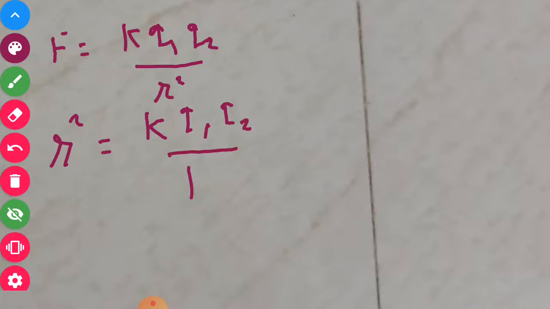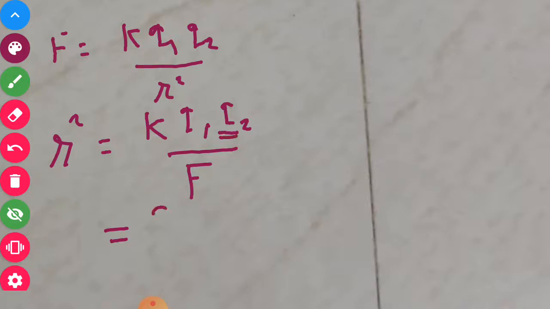Now we want to calculate R, so make R square the subject of the formula. R square is equal to K Q1 Q2 upon F. Now place the values, but keep in mind that the second charge is negative, but we have to write its magnitude.